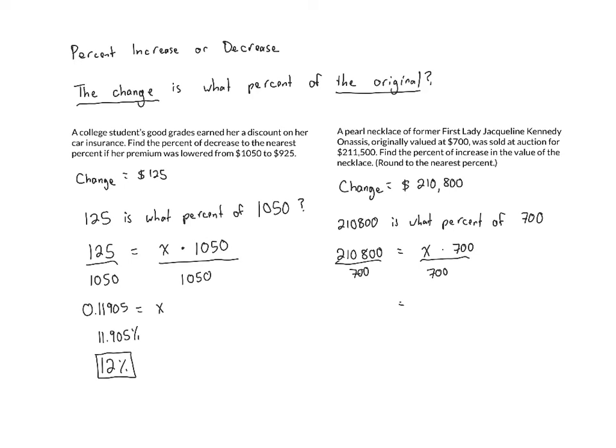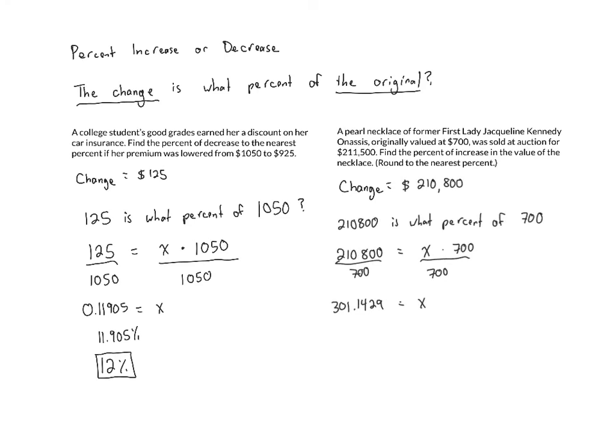On the left, when we divide 210,800 by 700, we get 301.1429 approximately. It keeps going if you look at your calculator. Mine says 301.142857. Your calculator may display more digits. I just want to make sure that we have several digits so we've got more than we need. And that's equal to x.